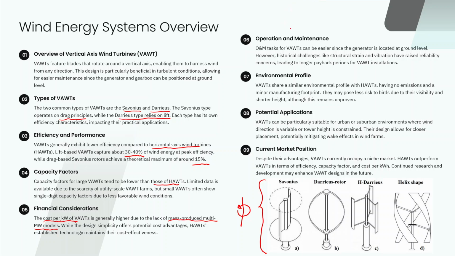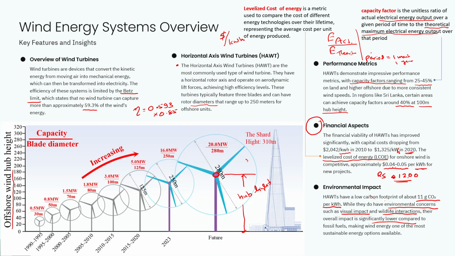Operation and maintenance wise, it is much easier compared to the horizontal axis wind turbine, because with the horizontal axis wind turbine, the height is one of the major problems. For example, this 2023 turbine has about a 160 meter hub height, right?